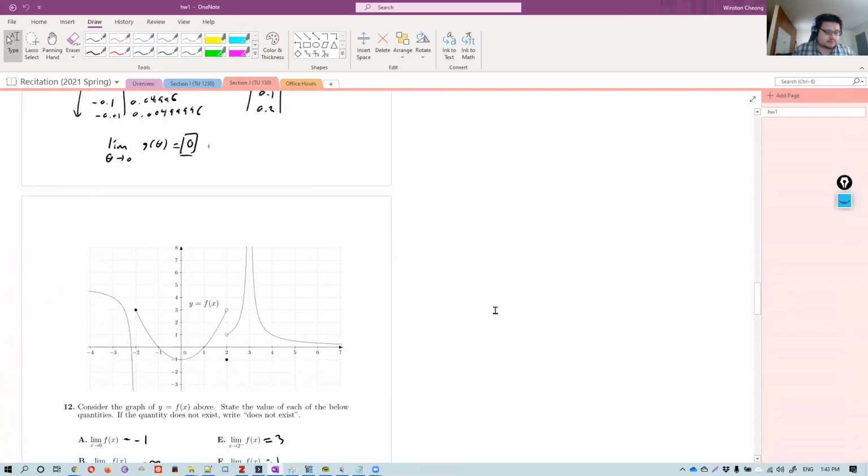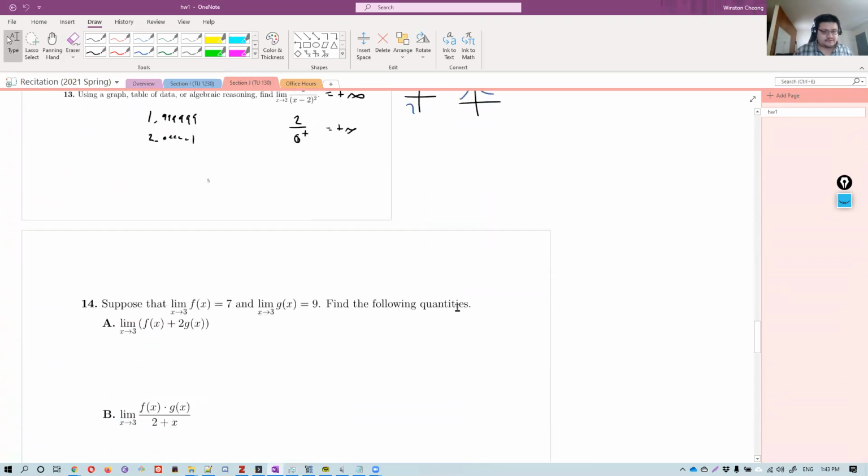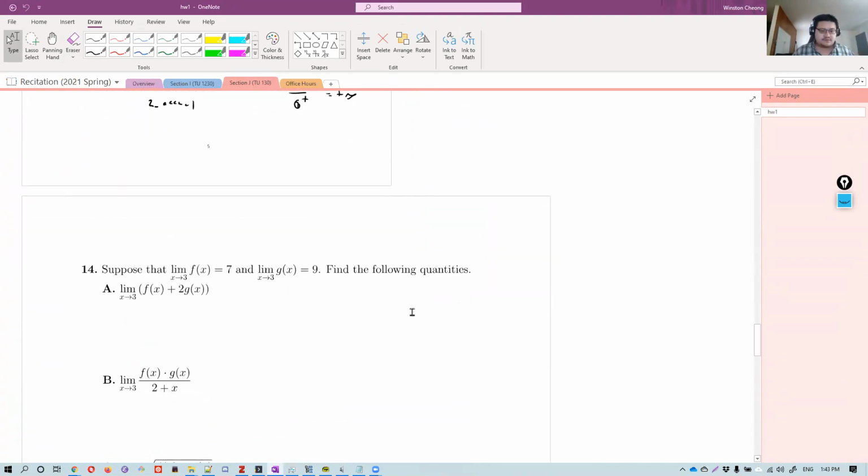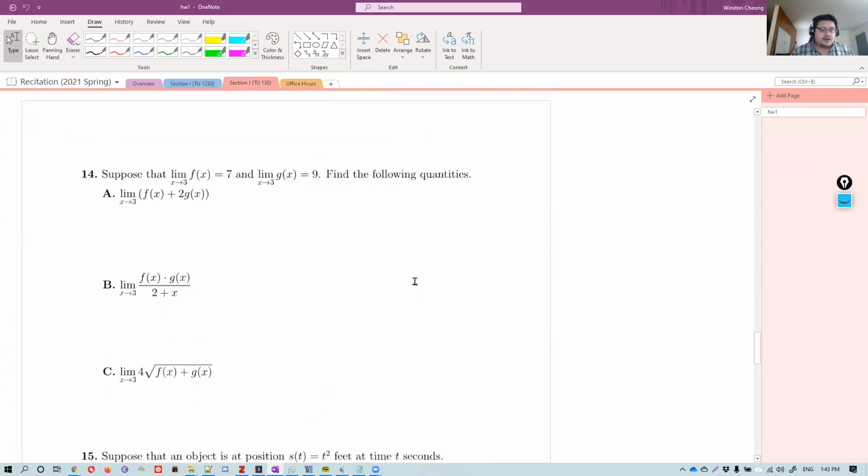Okay. Then let's do today's material. It's very likely that we will finish early, just because there's not that much to do now. For this problem, the idea should be to use all the limit properties that were shown to you in the slides. You can split the limit over the addition, you can pull the 2 out, you can split it over division and multiplication, you can push it into the square root.